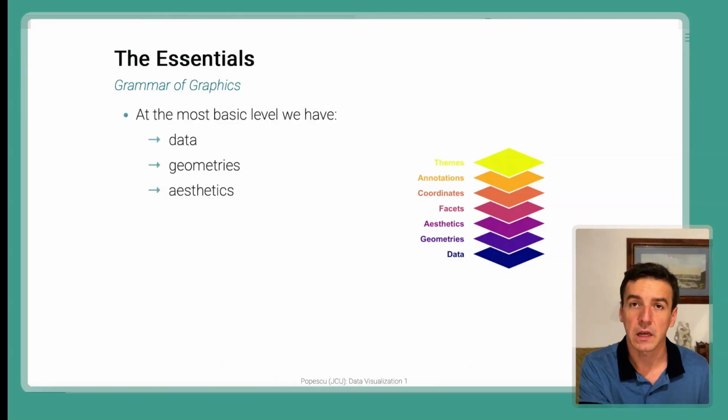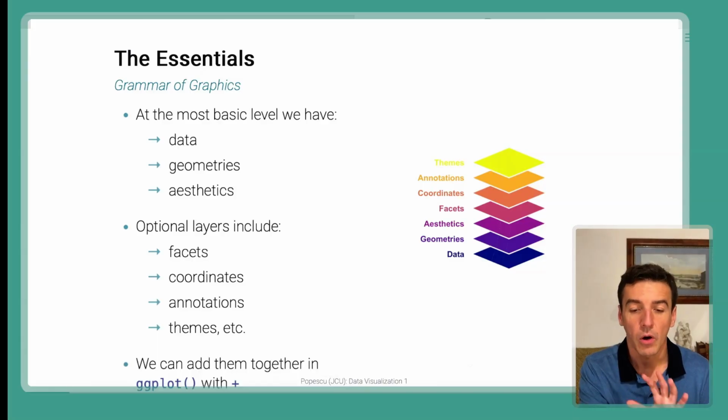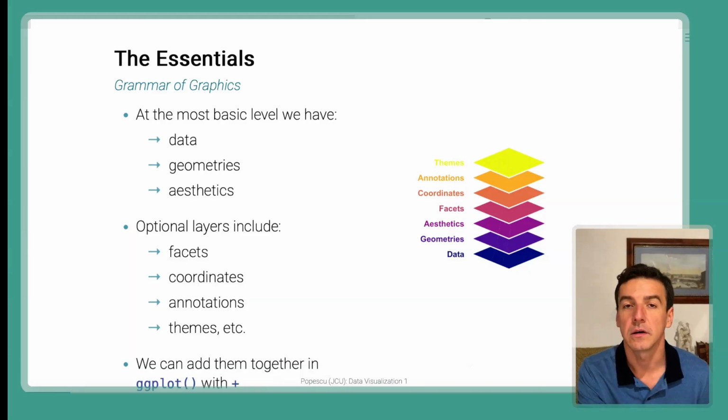At the most basic level, and this is mostly what half of this presentation is all about, we can have data, geometries, and aesthetics. Additional layers include the ones I mentioned earlier: facets, coordinates, annotations, and themes. All of these can be added using the plus sign in ggplot, which is why these elements can be thought of as layers.